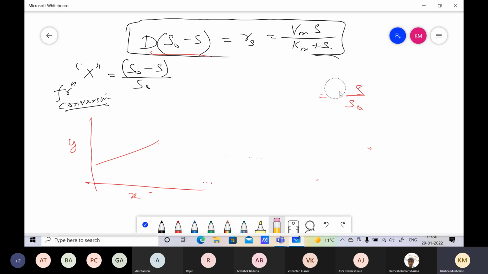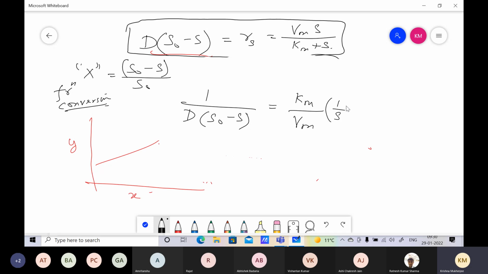This is for first order, and how will you plot it for this kind of equation? You have d, so you have 1 upon d (s naught minus s) is equal to km upon vm times 1 by s plus 1 by Vm. Okay?